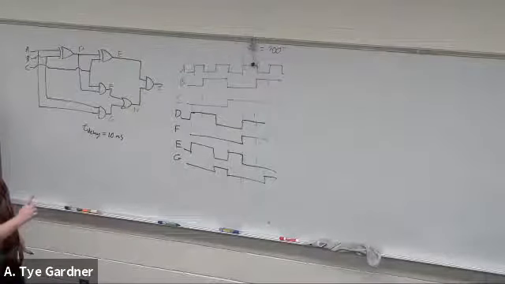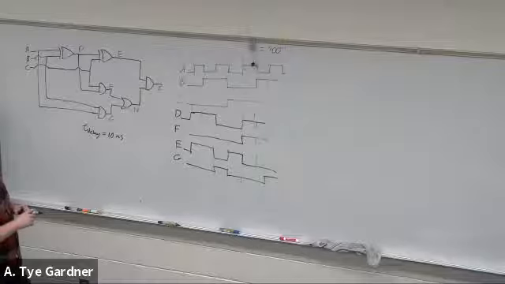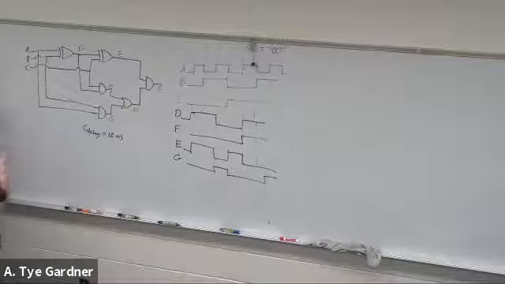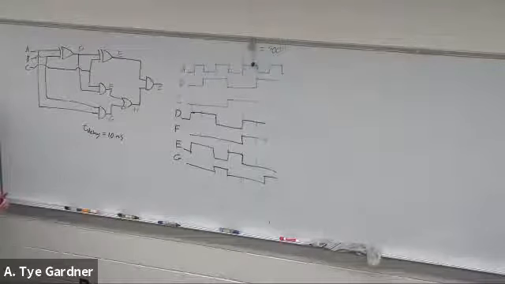Let me think about this 1 second. Should I just back up and do this with delay? Because that's kind of important. All right, D. We'll start with D and fix the delay. D has 1 gate delay from when either A or B changes. Right?